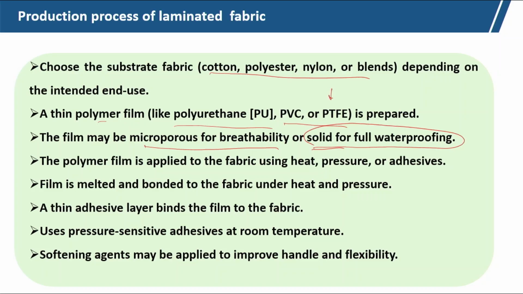So, depending on the application we use different types of laminated film. The polymer film is applied to the fabric using heat and pressure, or sometimes adhesive. They are sandwiched with the fabric, and the film is melted and bonded on the fabric under heat and pressure.